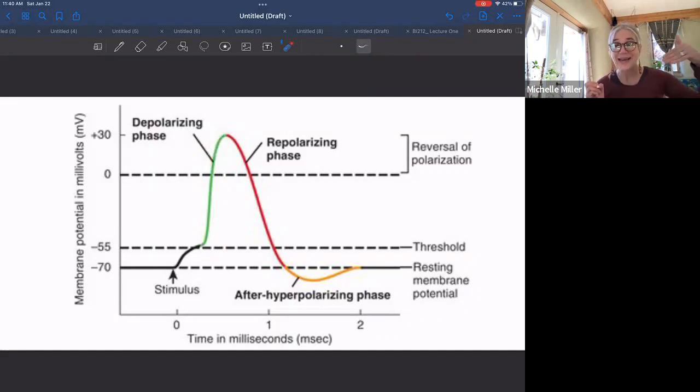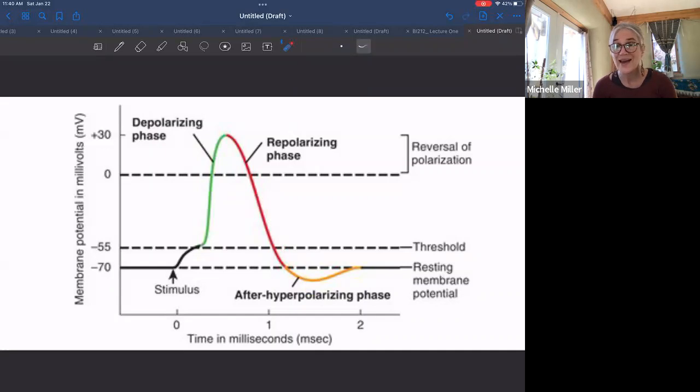So going back down to a -70 is going towards zero. So that is repolarization. It goes down below zero, and it even goes into what is referred to as hyperpolarization, where it is even more negative than the resting potential.